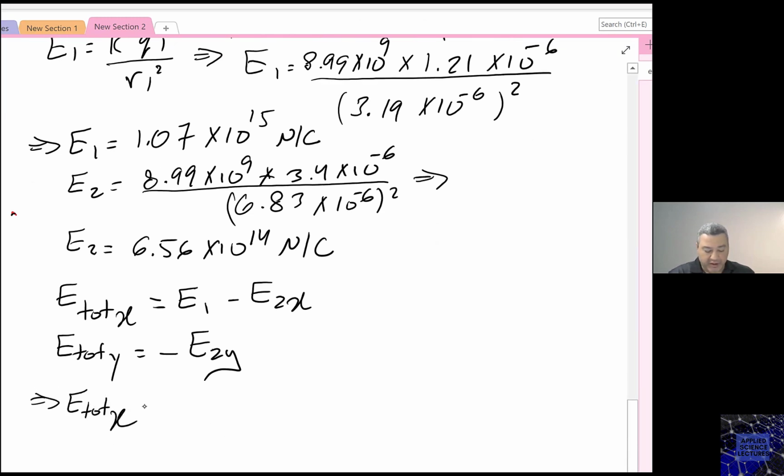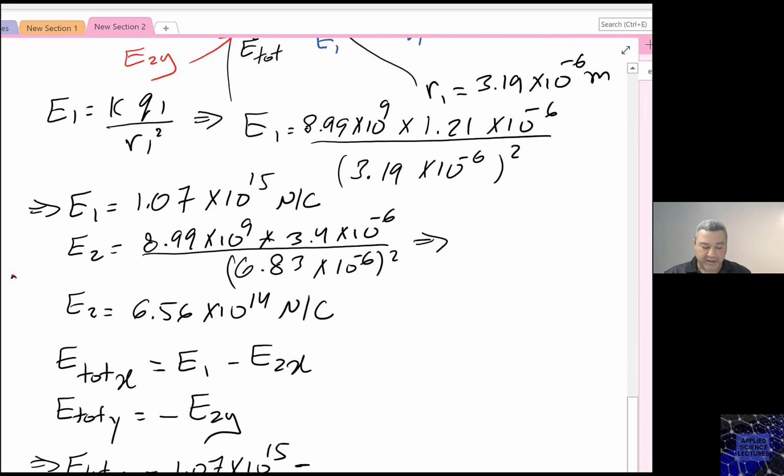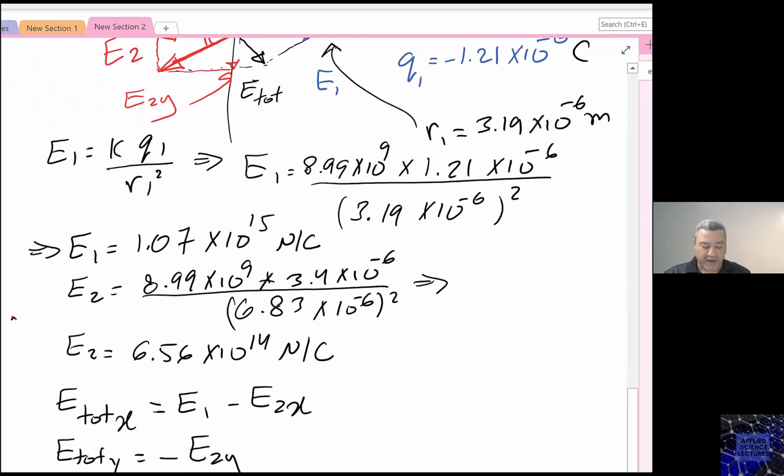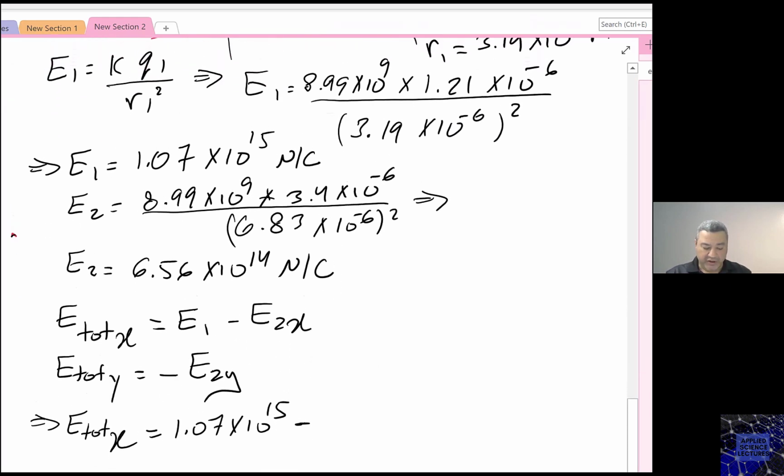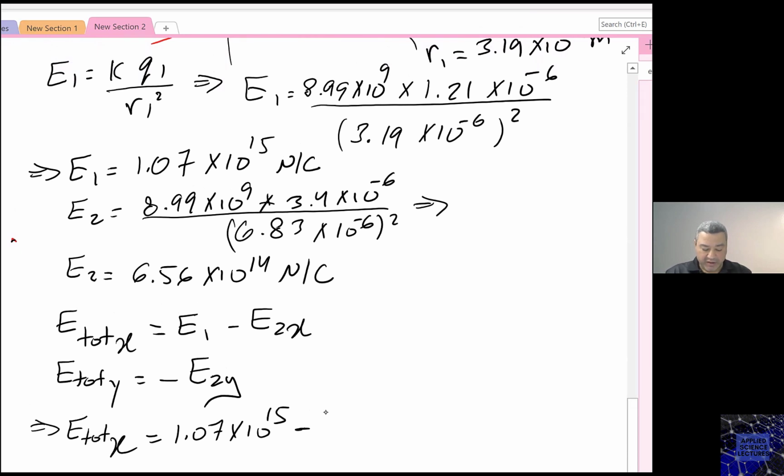E dot x is E1, which is 1.07 10 to the power 15 minus E2x, which is E2 cosine 30, and E2 is 6.56 10 to the power 14 times cosine 30 degrees.